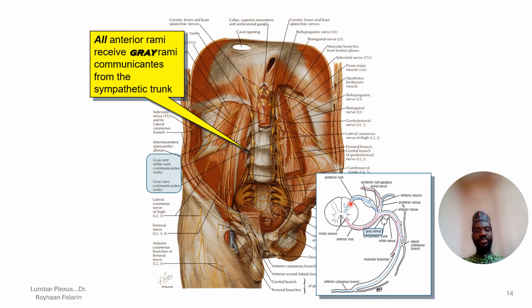So you have sensory neurons entering the spinal cord through the posterior root, while motor innervations come out of the central nervous system, in this case the spinal cord, through the anterior root. After the exit of the posterior root, you can see this little expansion here. This is a ganglion, referred to as the posterior root ganglion. A ganglion is an encapsulated collection of nerve cell bodies that are typically connected by synapses.